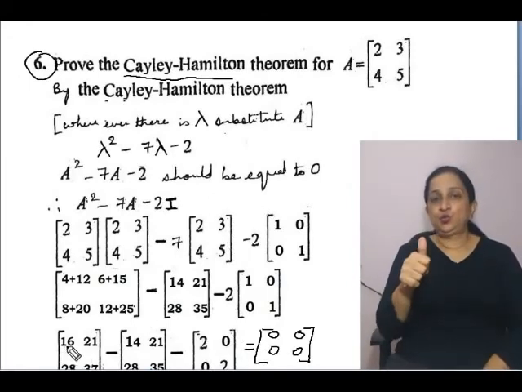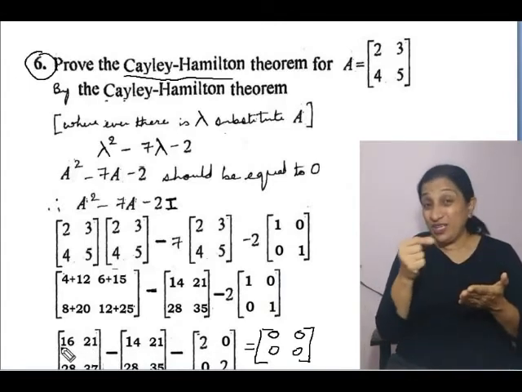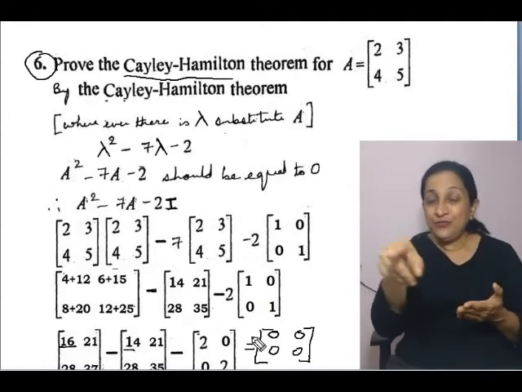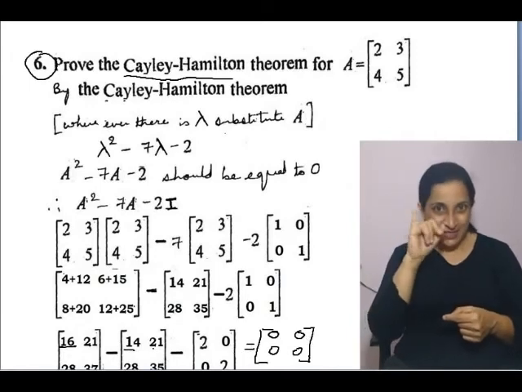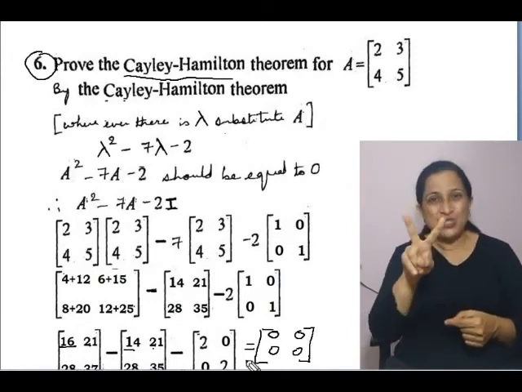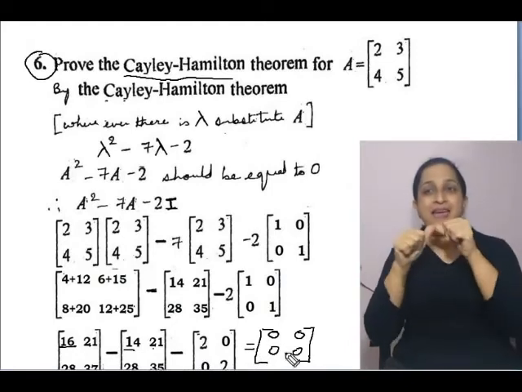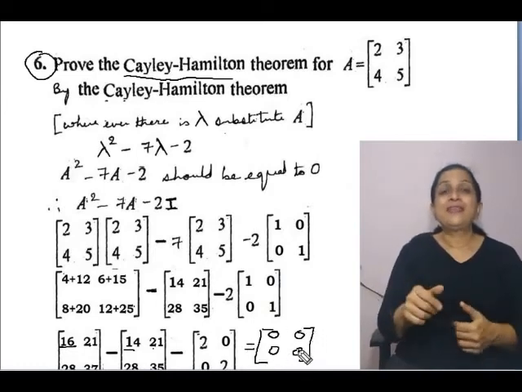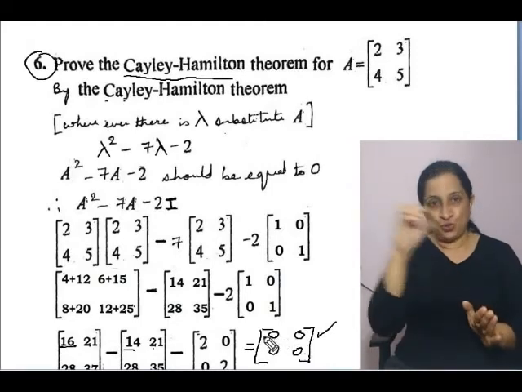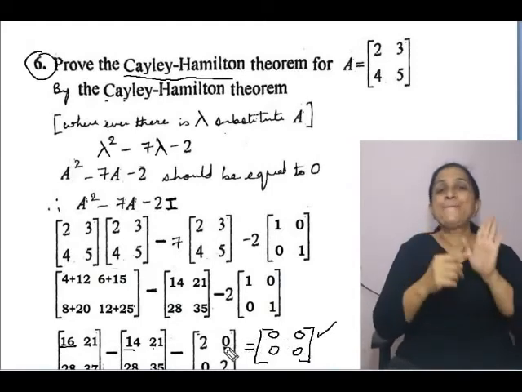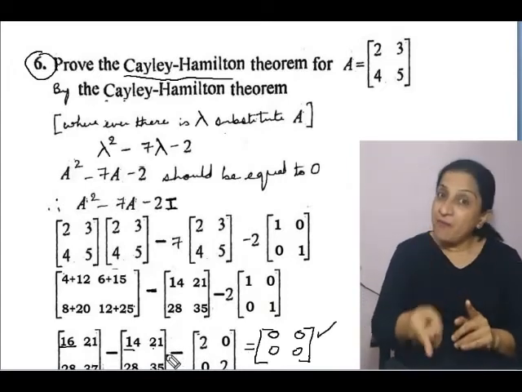So you can see that here this matrix minus this, each element if you subtract: 16 minus 14 is 2, 2 minus 2 is 0, 21 minus 21 is 0, minus 0 is 0, 28 minus 28 is 0, minus 0 is 0, 37 minus 35 is 2, 2 minus 2 is 0. So you get a resultant matrix of all 0s. If you prove that this is the zero matrix, then it means that the Cayley Hamilton theorem holds good. So please attempt this problem without fail.